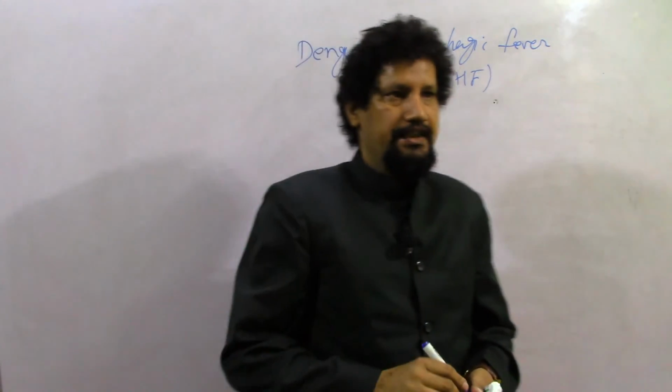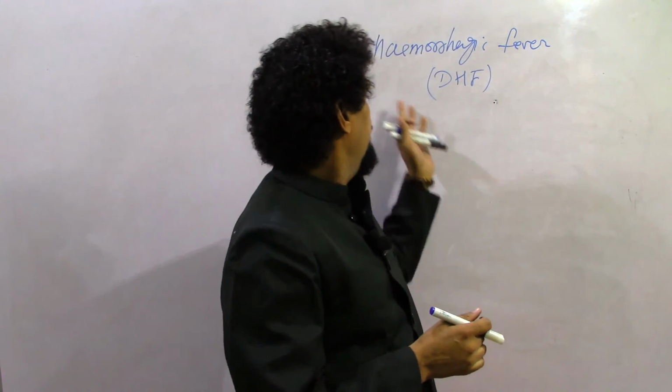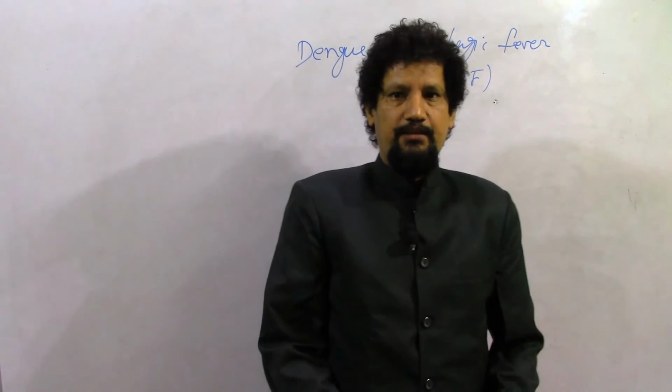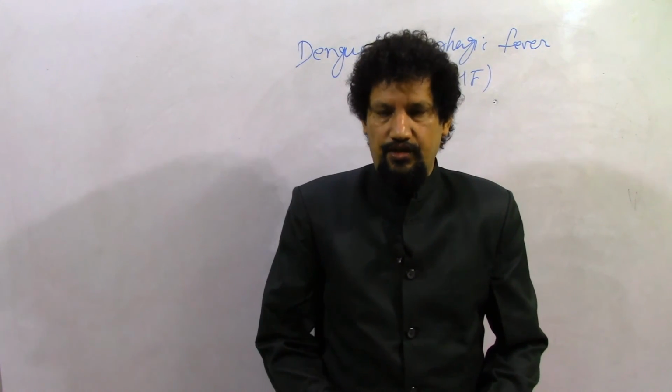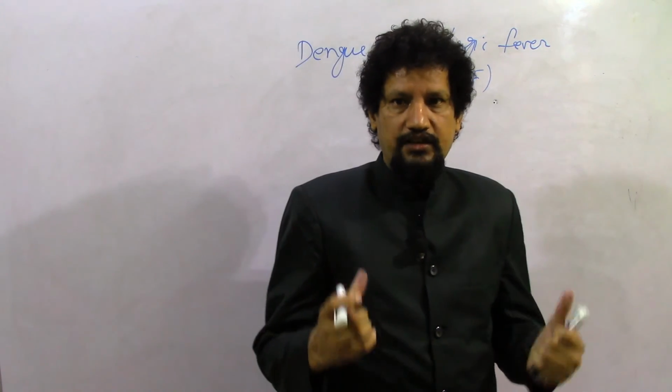Besides all these signs and symptoms, remember all types of dengue fever, either it may be dengue classical fever or dengue hemorrhagic fever or dengue shock syndrome, are having sudden onset of fever.